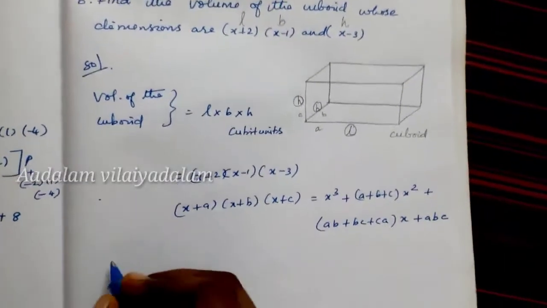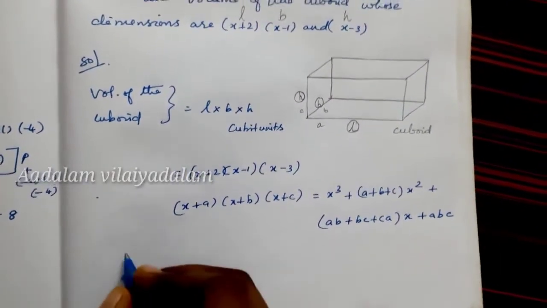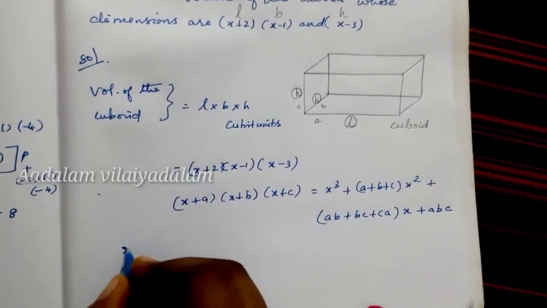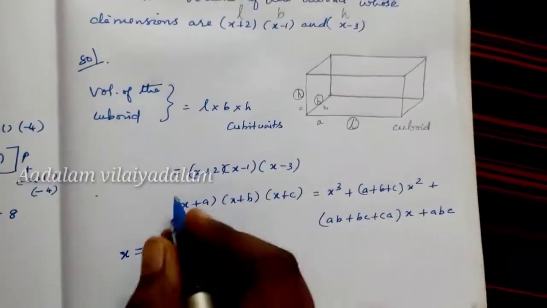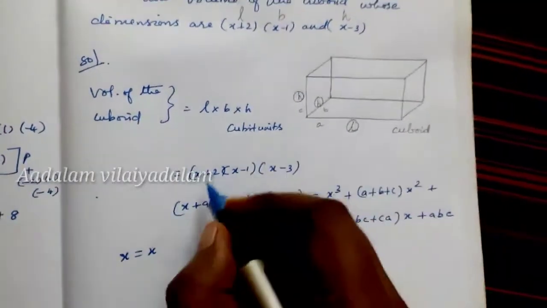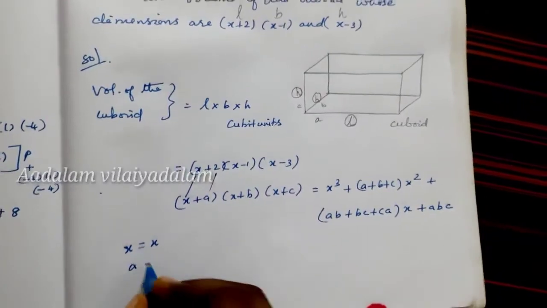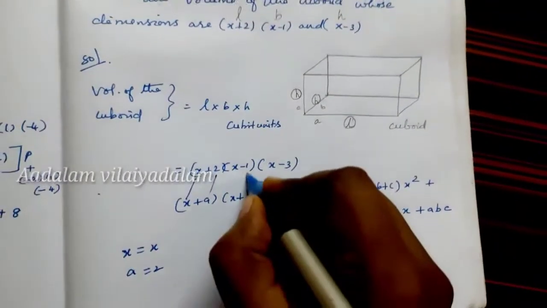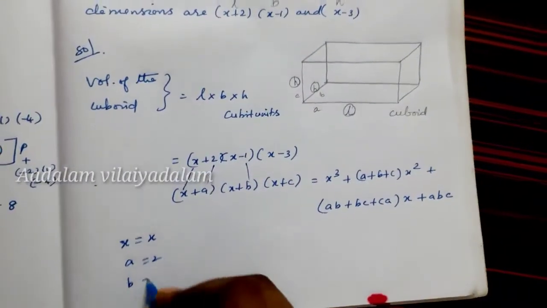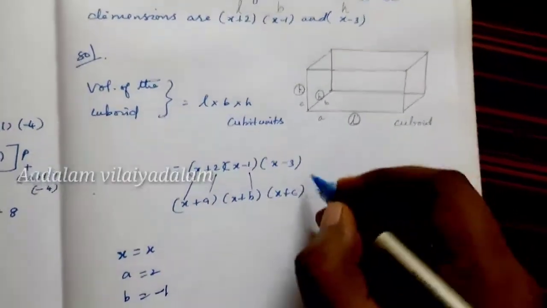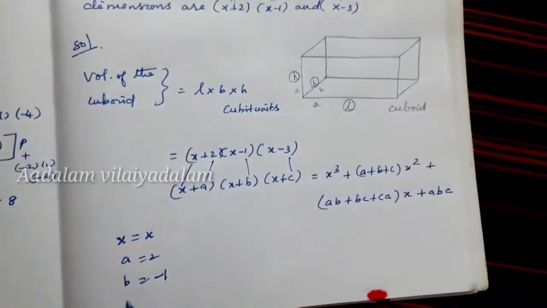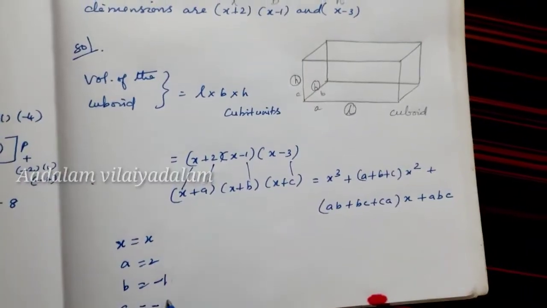So now we can choose the appropriate values for this. Here x is equal to x. For a we can choose 2. For b we can choose minus 1. For c we can choose c equal to minus 3.